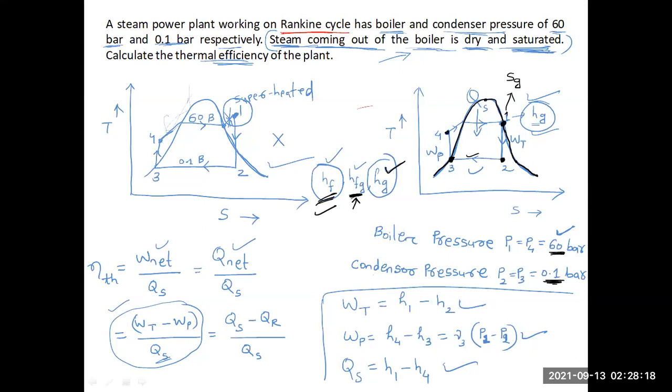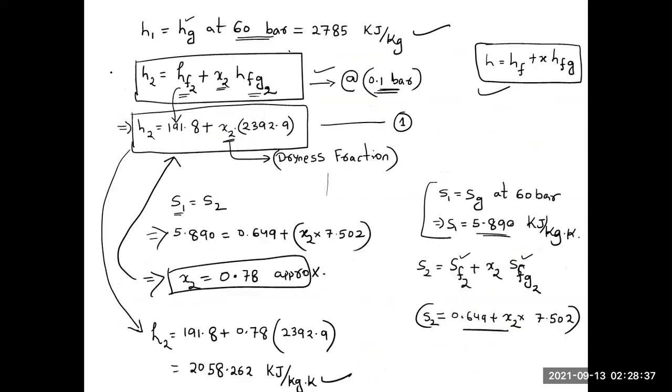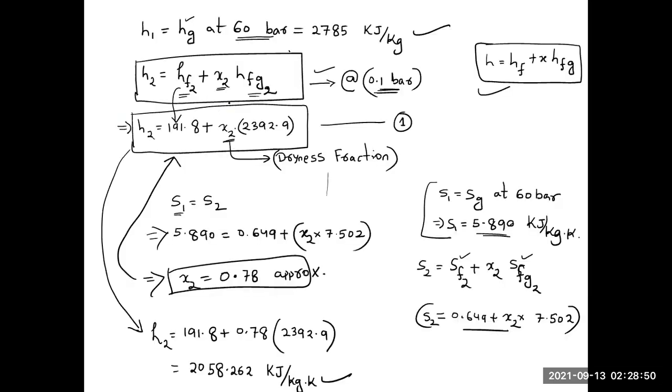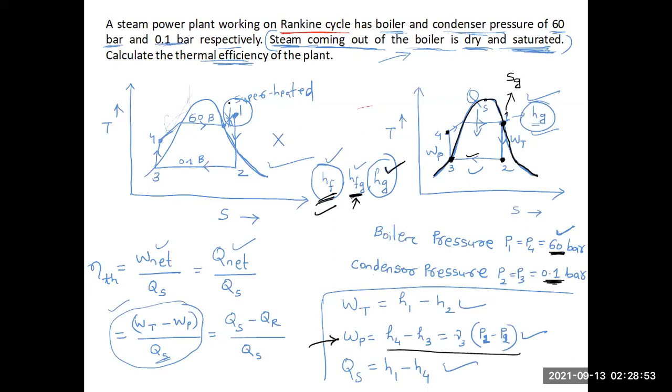Now for enthalpy at point 4, since this is point 3 to point 4, the pump, we have to use this formula. H4 minus H3 equal to V3 into P1 minus P2. Okay, so this formula we are going to use for the pump.